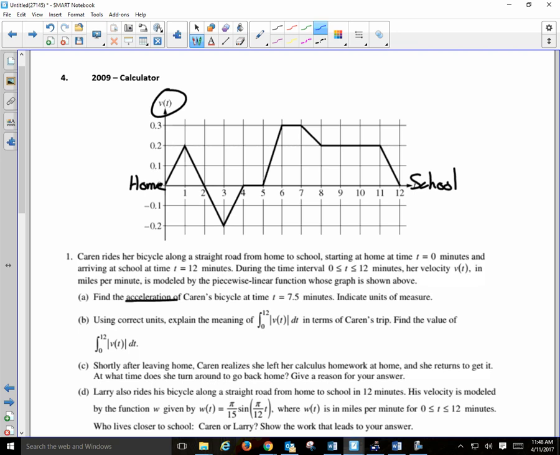So let's take a look at this guy. This is 1/2 times the base, which is 2. What's the height? I'm finding the area of this triangle. 0.2. So if I multiply that, I get 0.2. There's the same amount underneath, but it's negative. Why is this positive and then this negative?